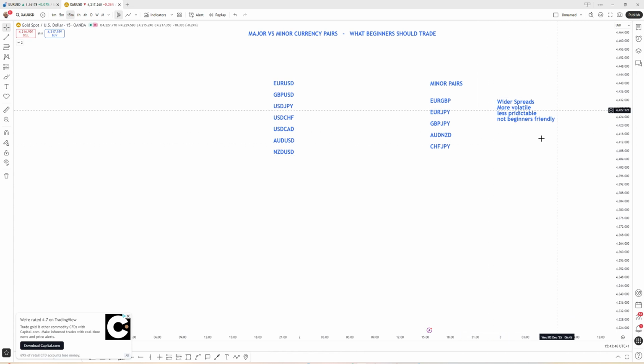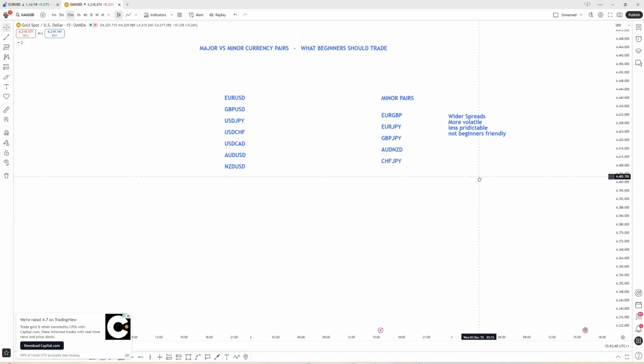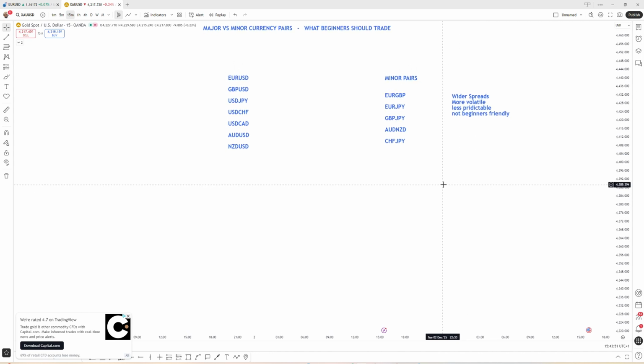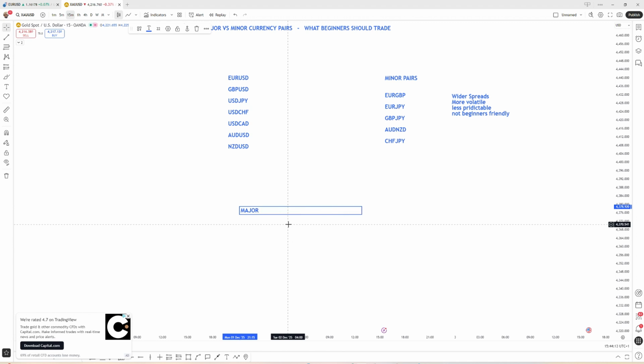So let's go to the differences, or let me say, compare the two side by side. That's the major and the minor pairs.